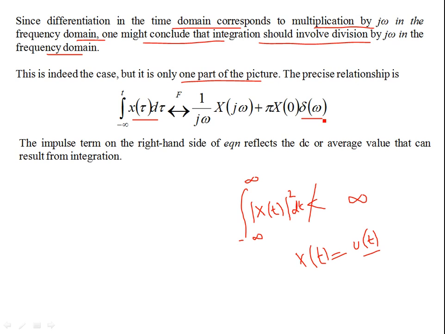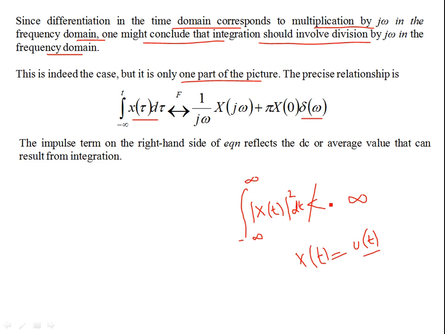You will have delta functions in the frequency domain. So for such signals which are neither absolutely integrable nor have finite energy, like u(t), from 0 to infinity the absolute value of u(t) is 1, right?